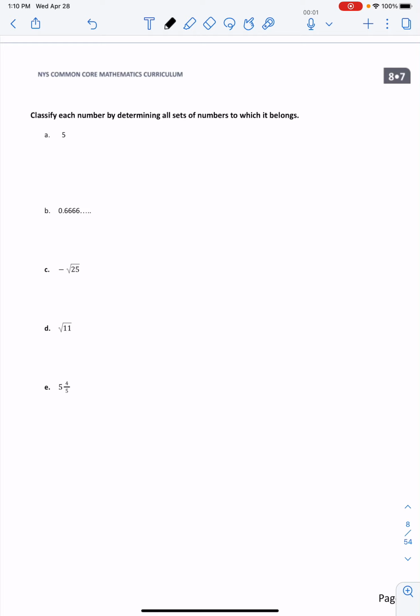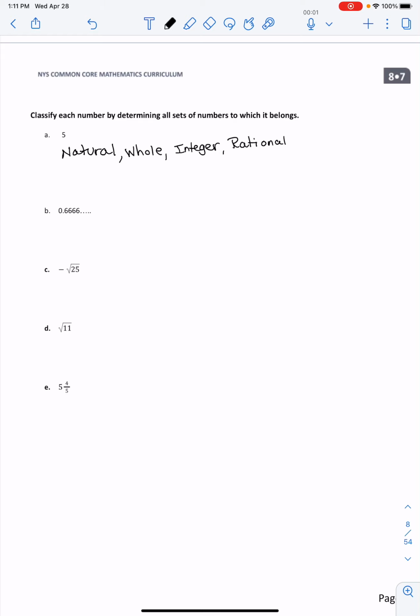So, for example, 5. 5 is a natural number. Therefore, because it's natural, it's also a whole number, an integer, and a rational number. Because it's got to go from the inside out. If it's natural, it's got to be the others.